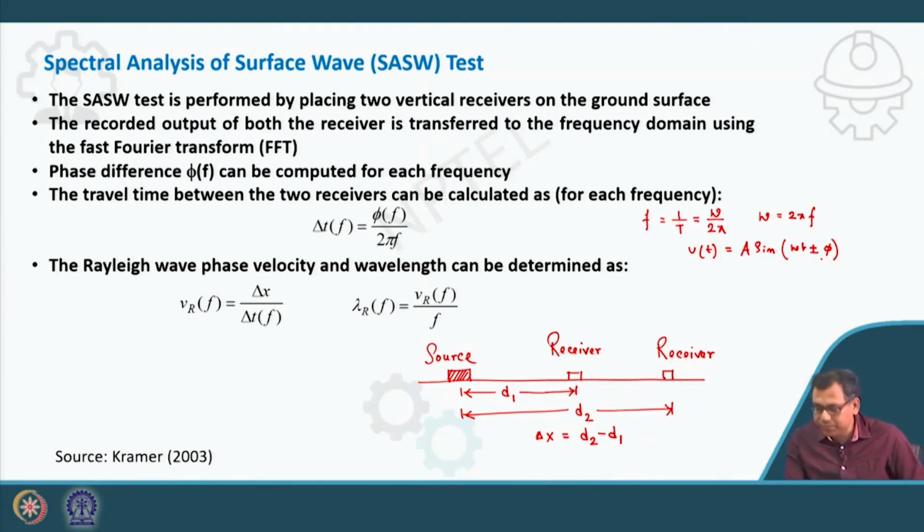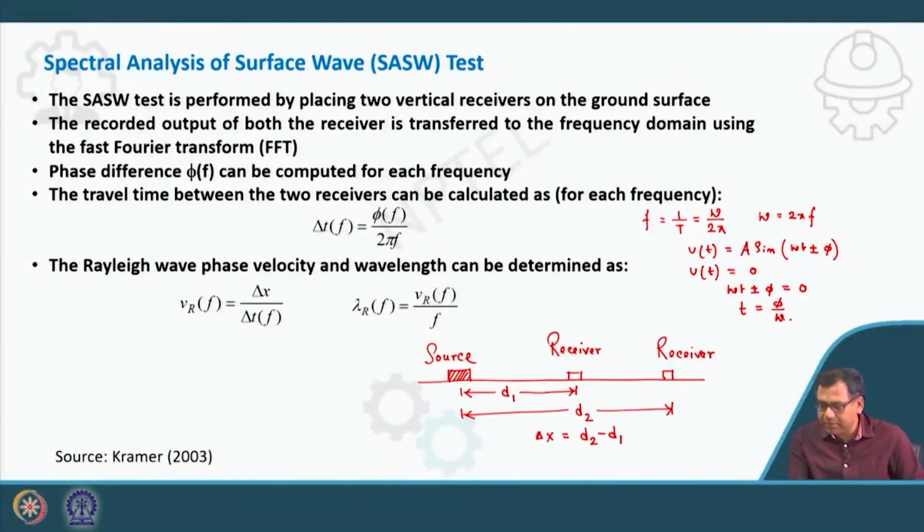Now if we put u of t equal to 0, then omega t plus or minus phi will be equal to 0. In this case, I can write t is equal to phi by omega. That is the travel time between two receivers.